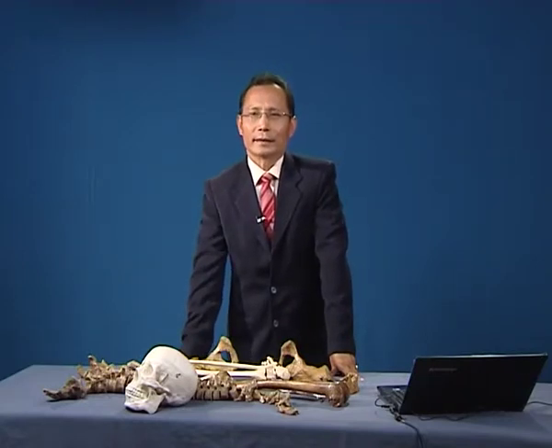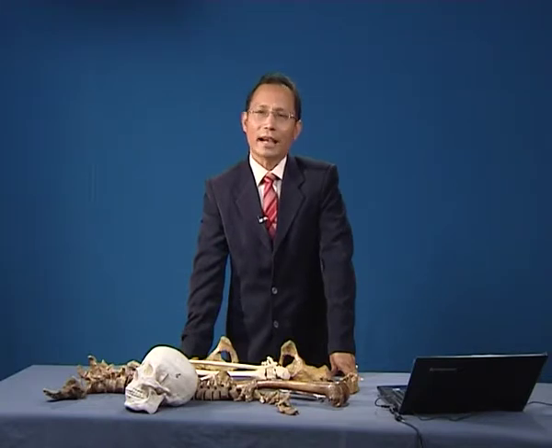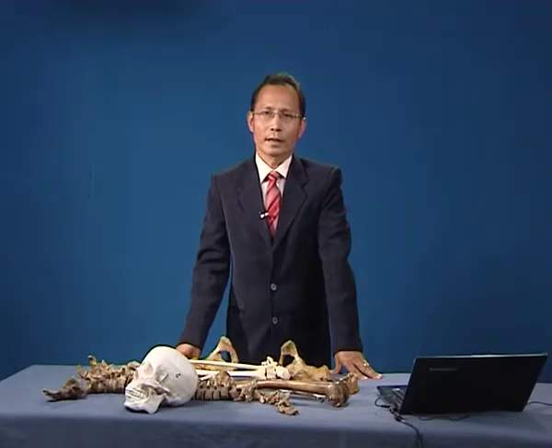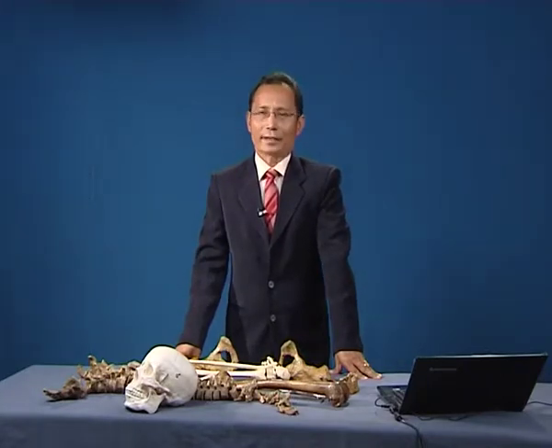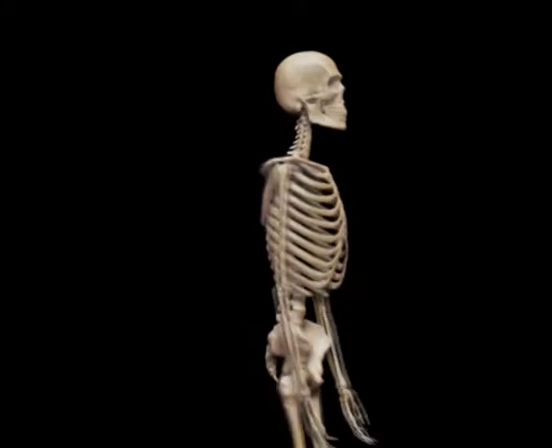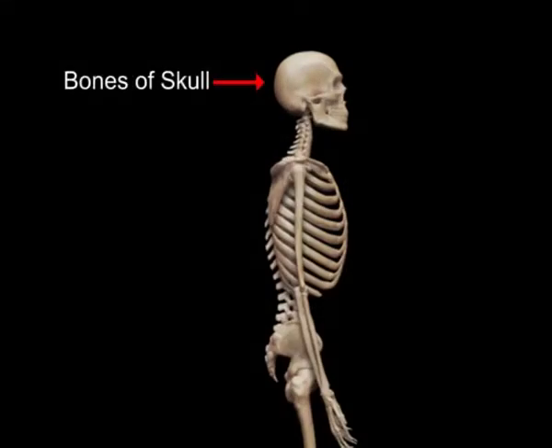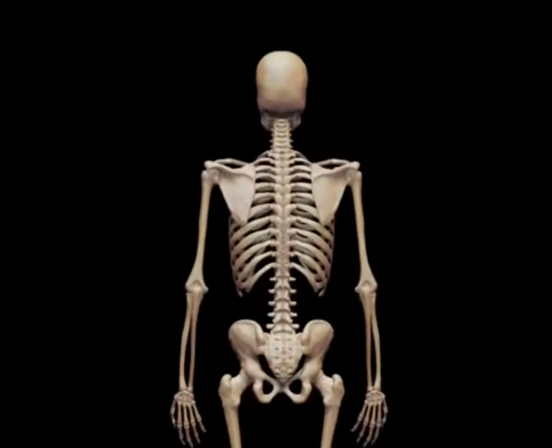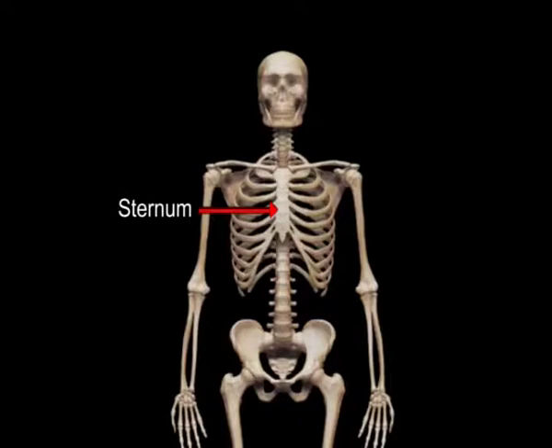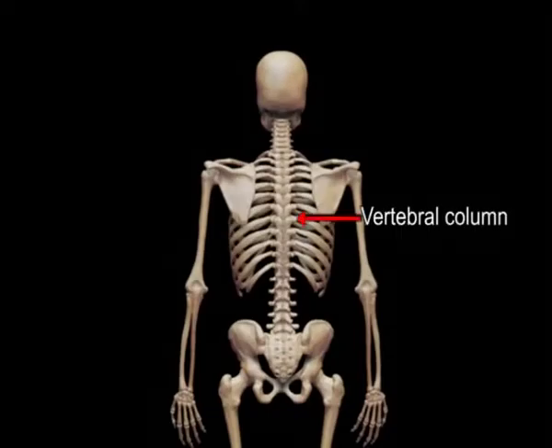One is axial part and the other part is appendicular part. The axial part or axial skeleton constitutes the bones of skull, then bones of thorax, that is the ribs, sternum, and vertebral column.